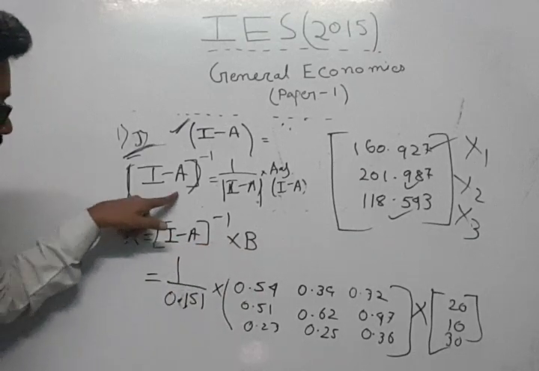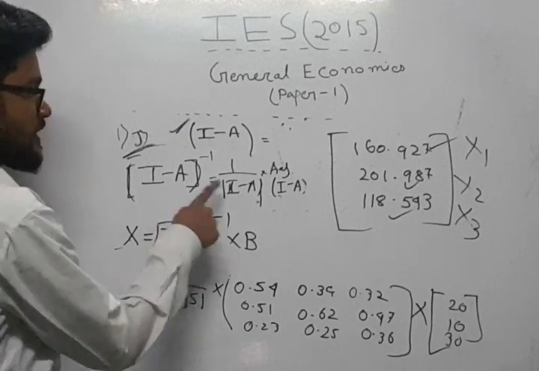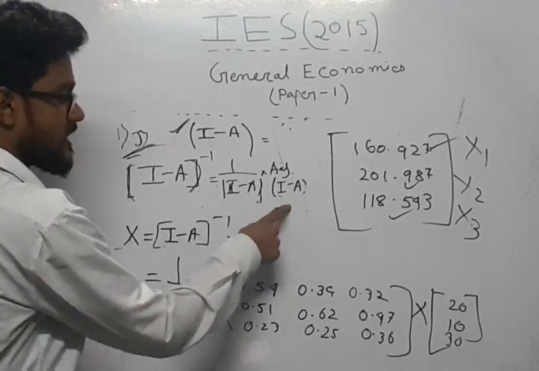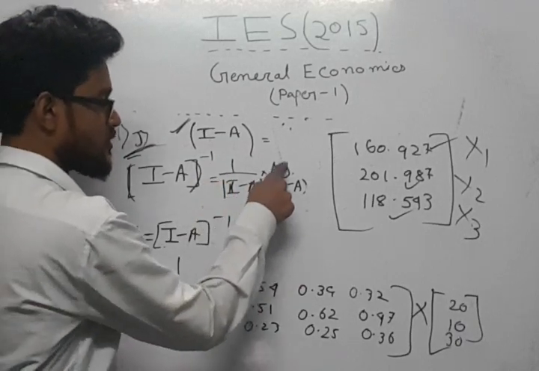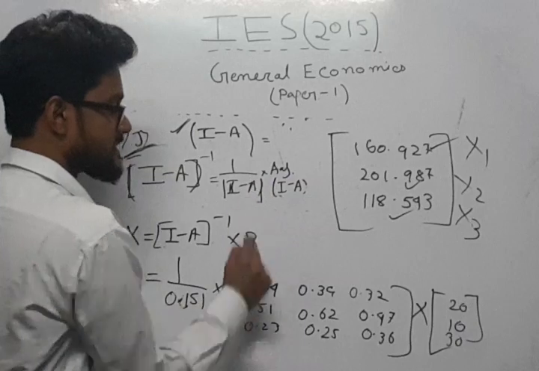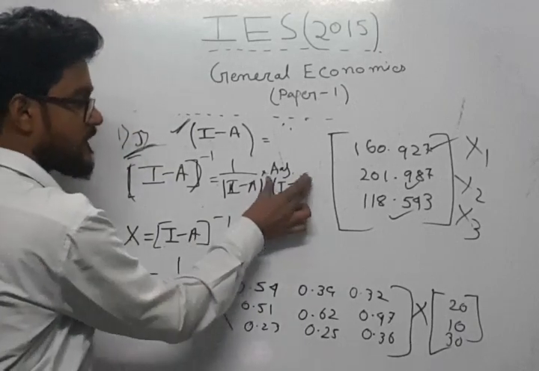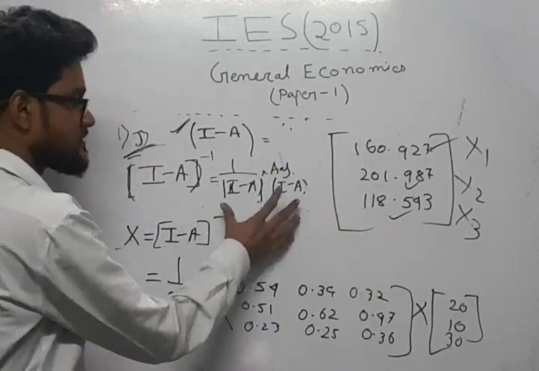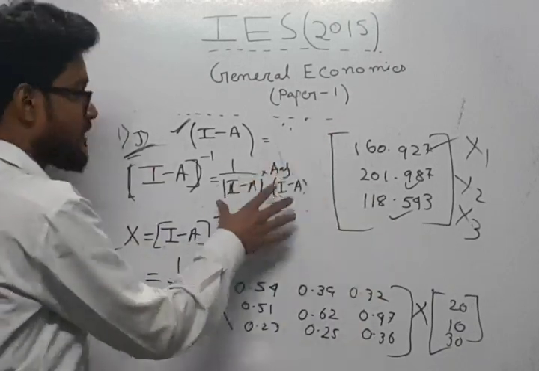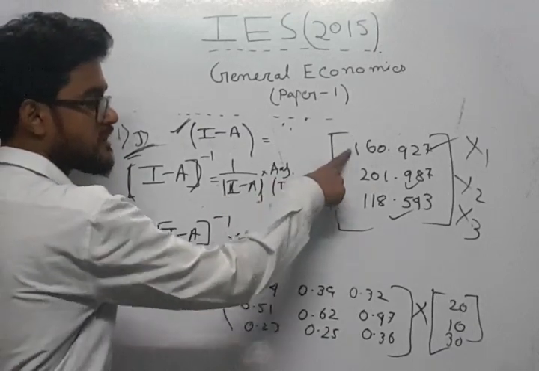We have to find the value of this. Now the value of this, we have written down to be like this: 1 by determinant of (I minus A) into adjoint of (I minus A). So first we have to find this value, then we have to take this value, which we have solved in this video. Then out of this we have found the value of x1, x2, x3 to be these three.